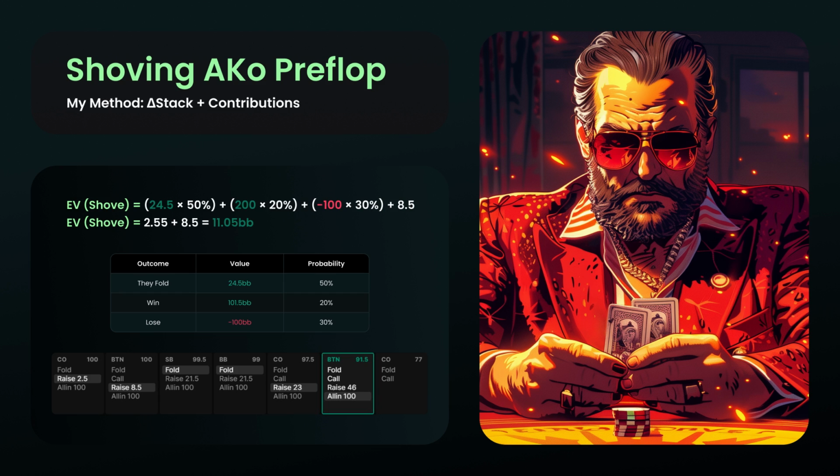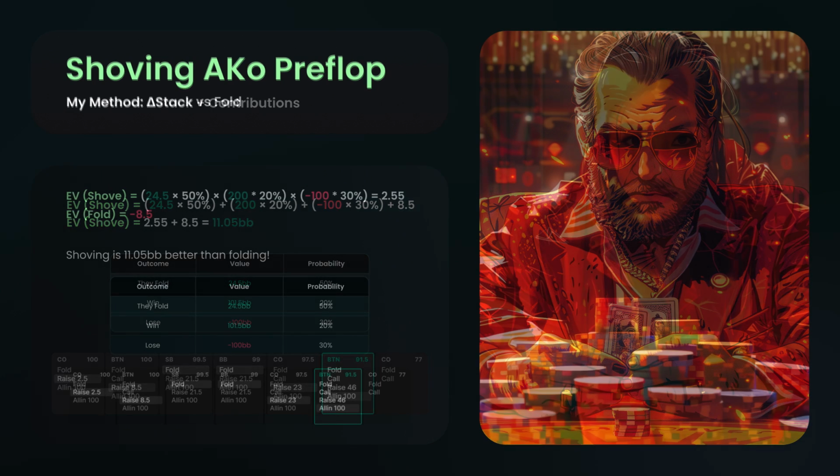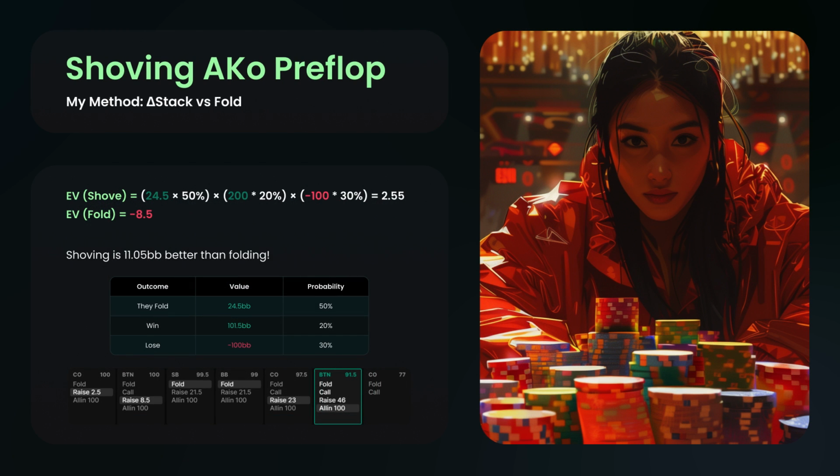Now, if this is confusing, another way you can think about this is by thinking of it as the expected change to your stack versus folding. Here, let's define folding as negative 8.5 big blinds, right? And shoving, we're going to calculate the exact same way. And if you do the EV equation, you find that shoving is worth 2.55, and folding is worth negative 8.5.